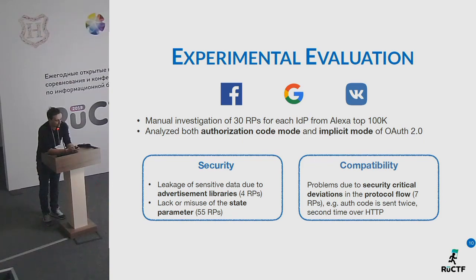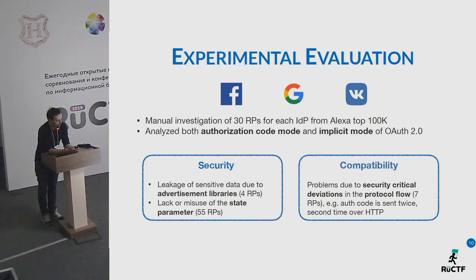What we found out in terms of security is that there are on 4 different websites leakage of sensitive data, like the access token, because of the presence of advertisement libraries that are taking the entire URL of the page and sending it to some of their services.